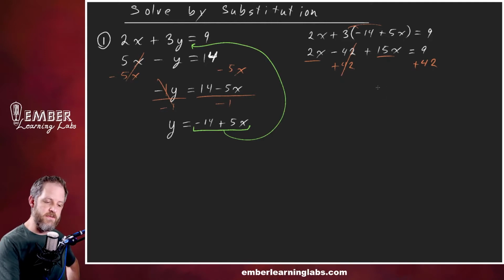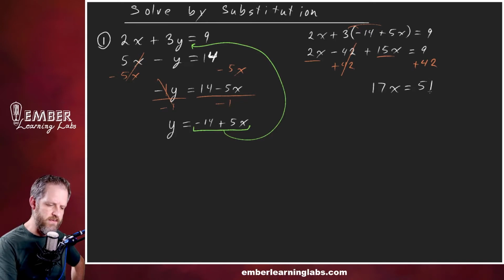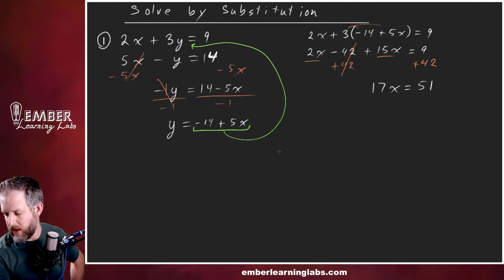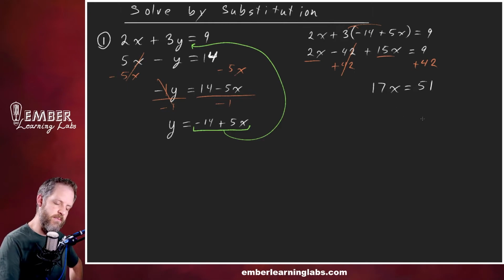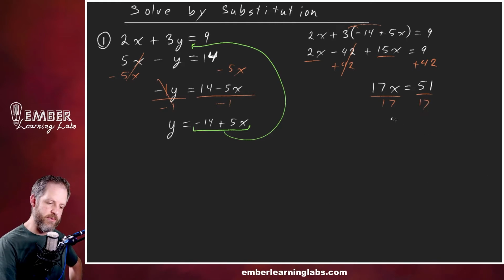So 2x plus 15x gives us 17x. 9 plus 42 is 51. Once we divide the 17 off, we end up with x equals 3.